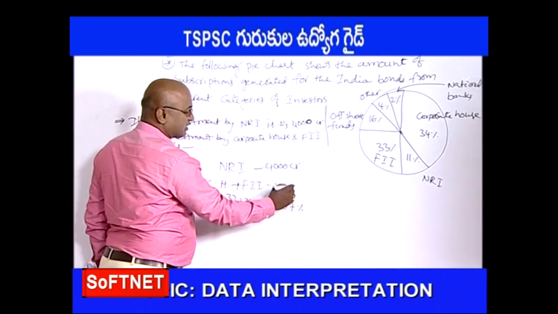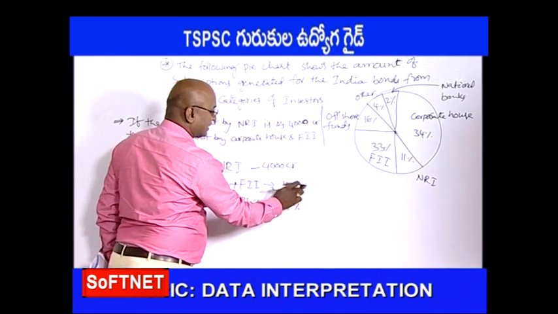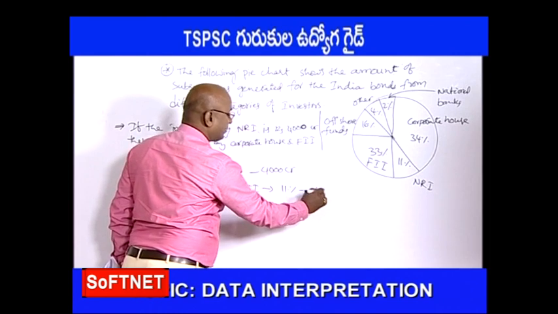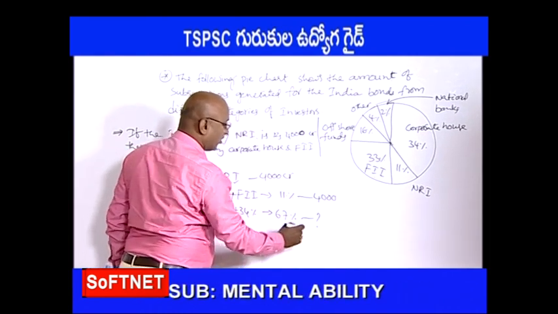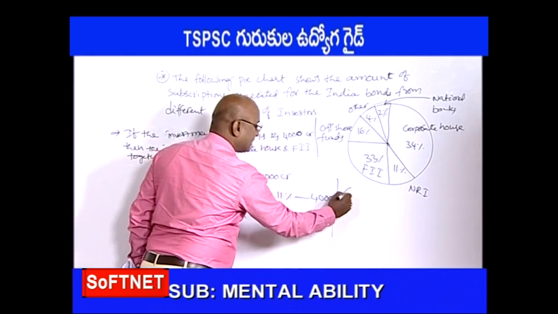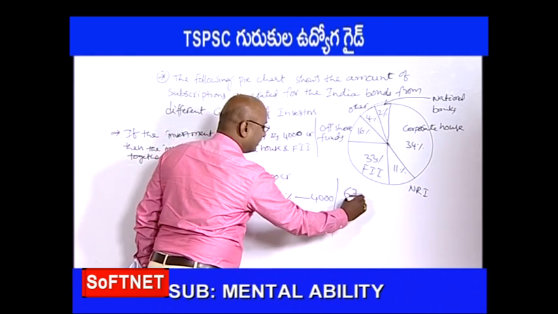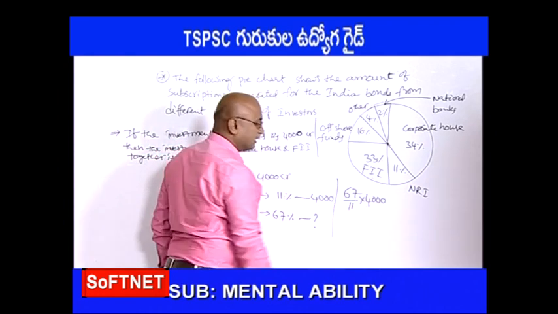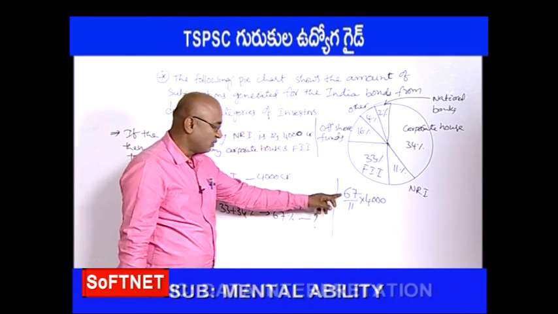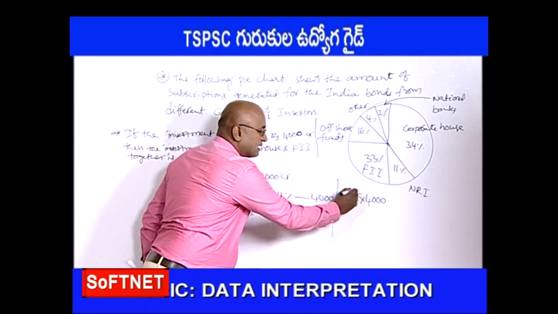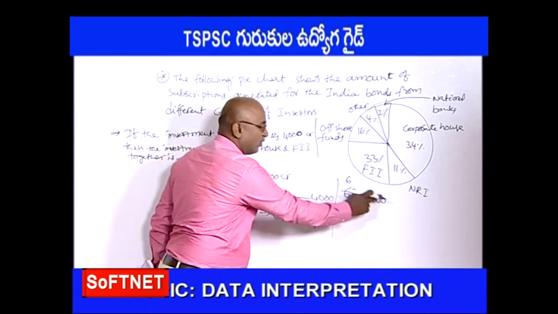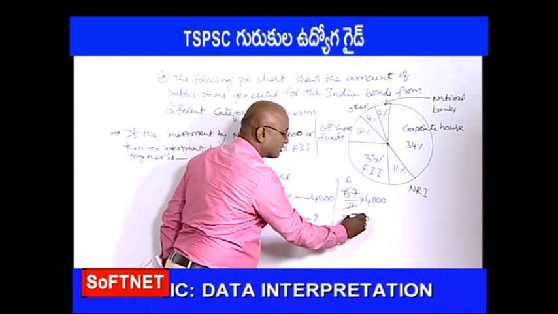Now 4,000 crores is 11%. So if 11% is 4,000 crores, then 67% is how much? That is 67 by 11 into 4,000. Assume that this is 66. Now 11 sixes are 66 and 6 fours are 24,000 crores.